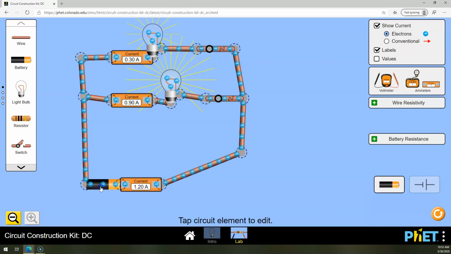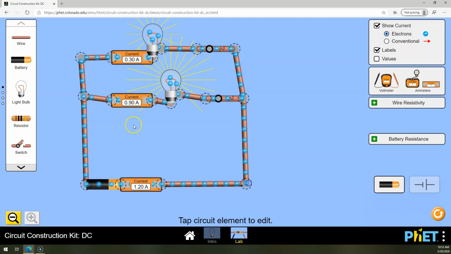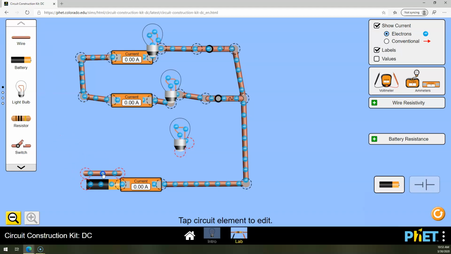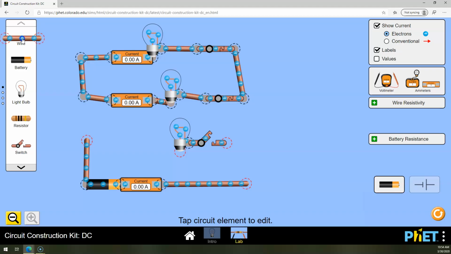Let's look very quickly at adding one more light bulb. So here we go. I'm going to add another light bulb, and I have a question for you. When I add this light bulb, I'll put a switch in so that we can start with it open and then we'll close it.